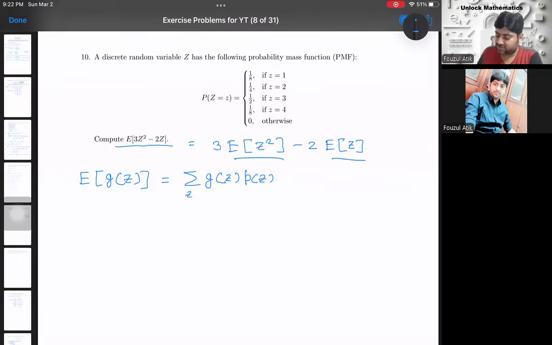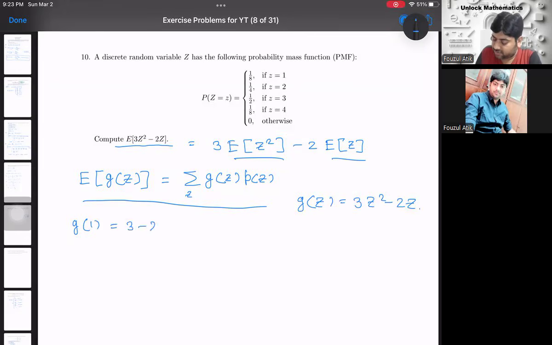So I'm doing it in the second method, and let's see what the values of g(z) are. Suppose g(z) is equal to 3z square minus 2z, right? So g of 1, what is that value? It is 3 minus 2, it is 1. G of 2 is what?